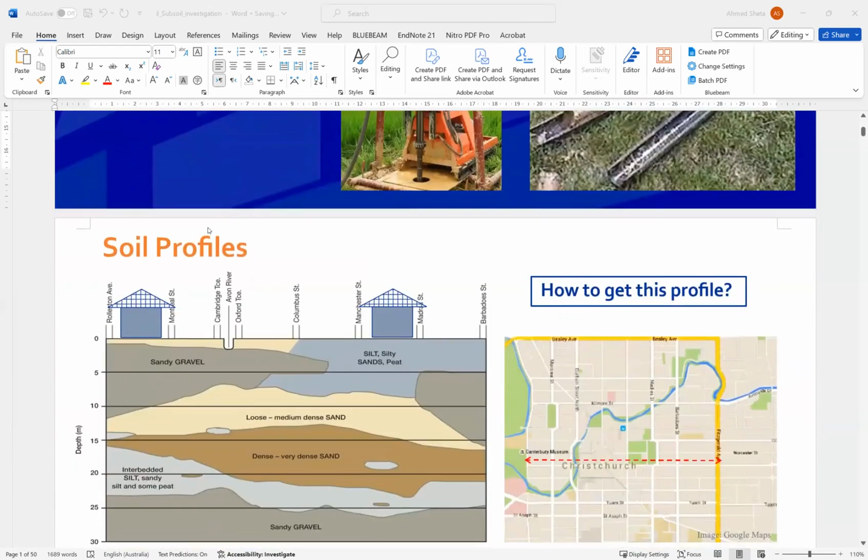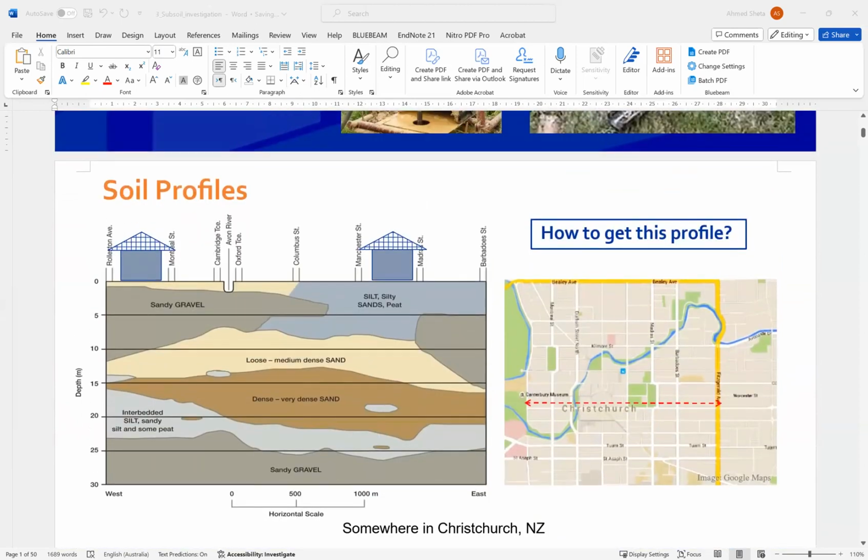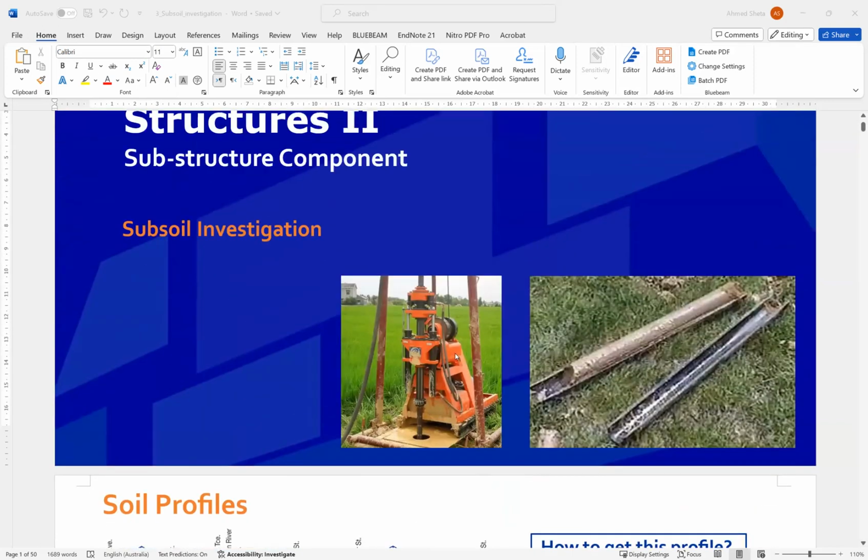So we need to discuss some information about subsoil investigation. What is the importance of subsoil investigation and why do we need to do it? So why is subsoil investigation important to us?